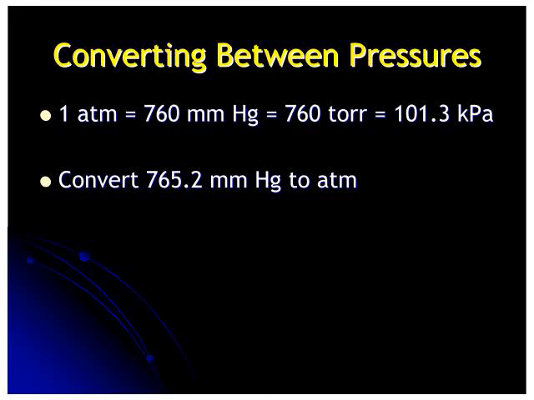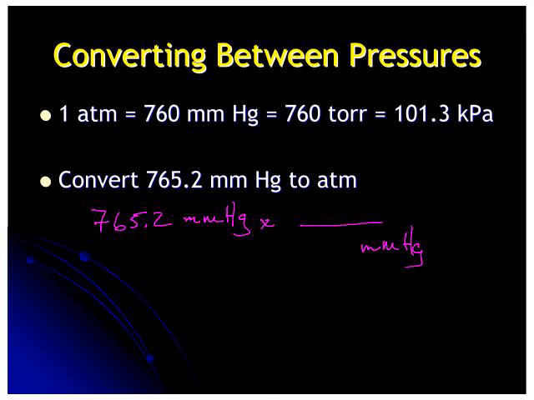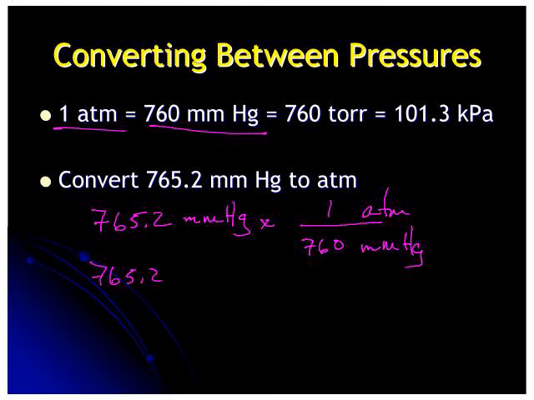Two more. The next one I've got is 765.2 millimeters of mercury to atmospheres. So millimeters of Hg, Hg for mercury, and then atmospheres, ATM. Atmospheres is always a 1. Millimeters of mercury, 760. We divide by the numbers on the bottom.